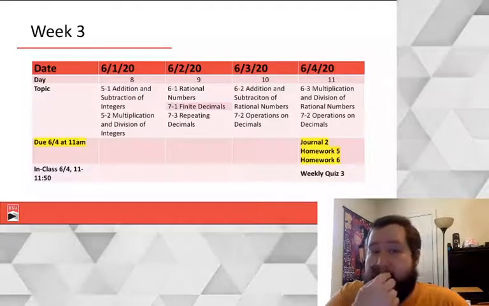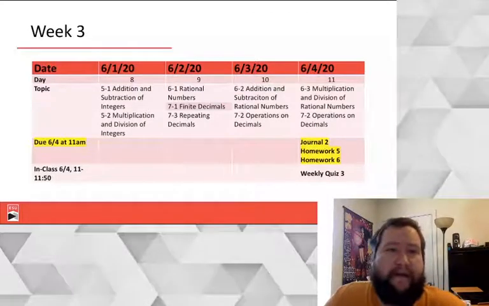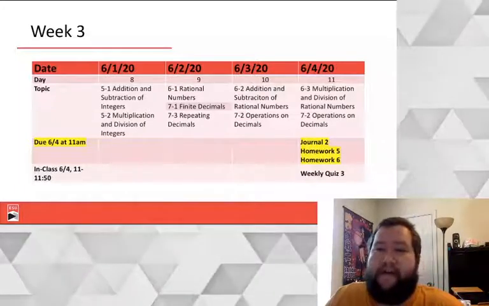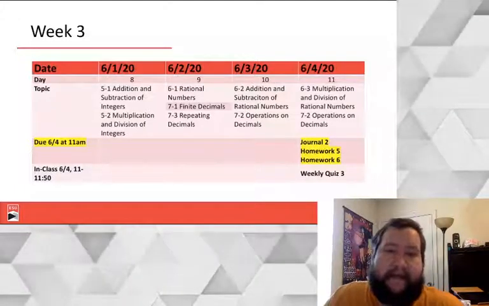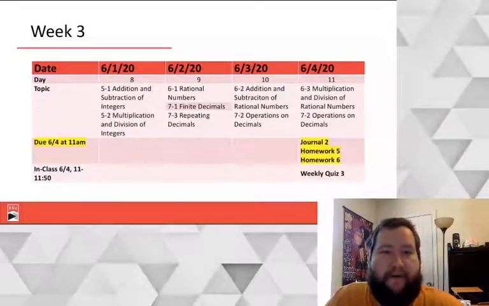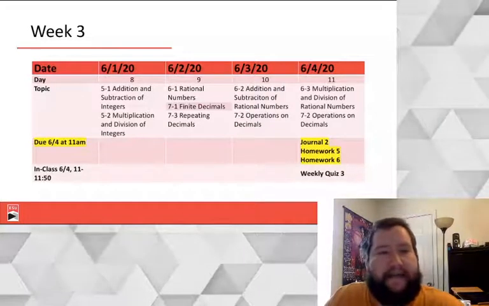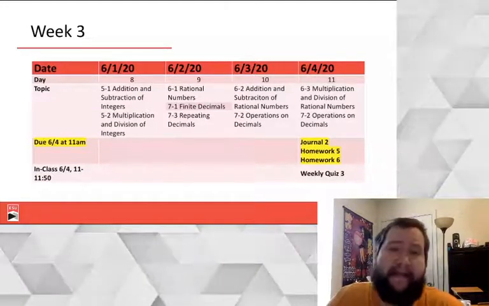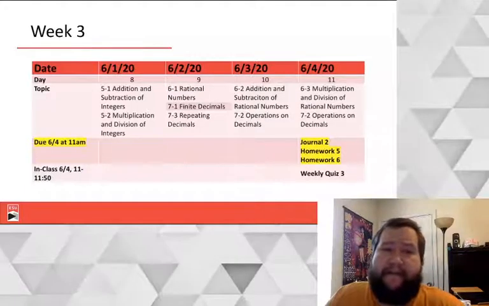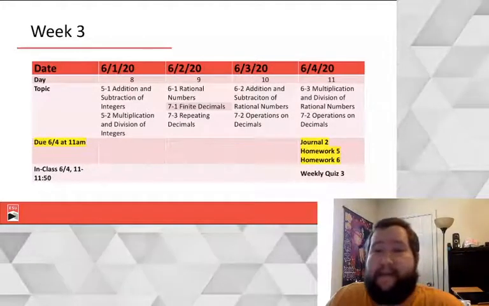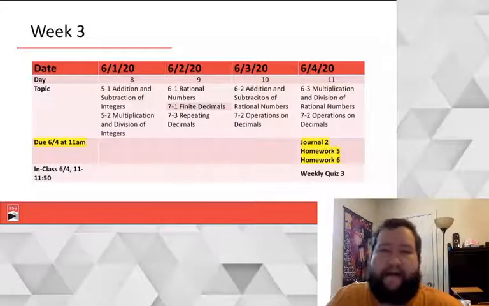And so this week, Thursday morning at 11, what we have due is Journal 2, Homework 5, and Homework 6. Just make sure when you're answering your journal responses, you're attending to those 4 or 5 big ideas it wants you to mention if you want to get full credit. And then Thursday from 11 to 11:50, we'll have our last quiz of the semester, because a week from then will be our final class and our final exam.